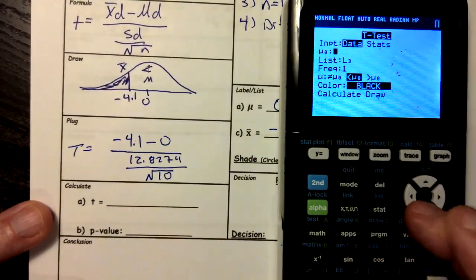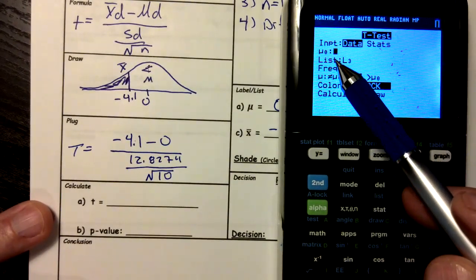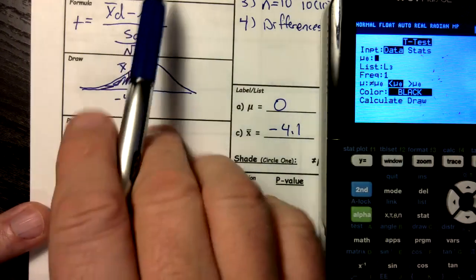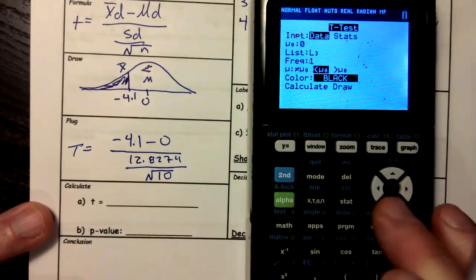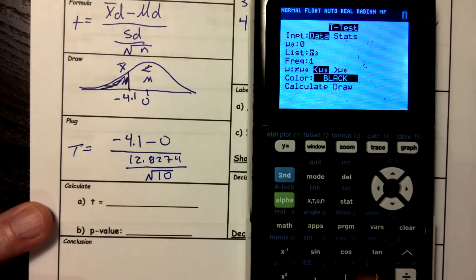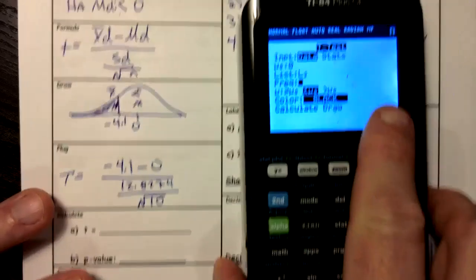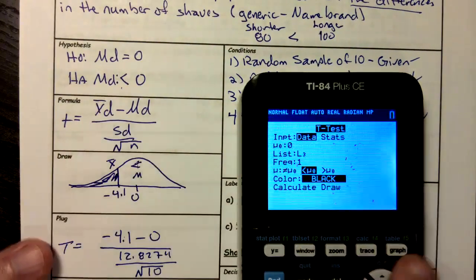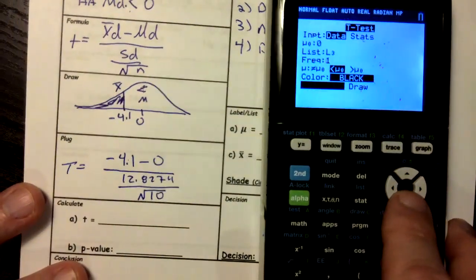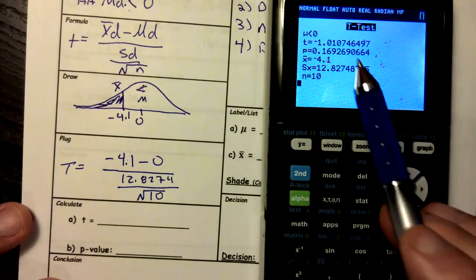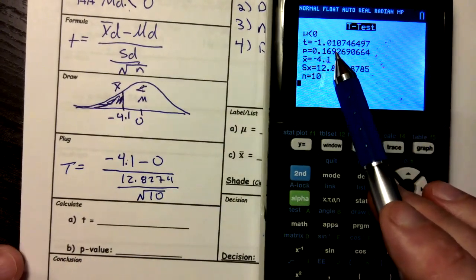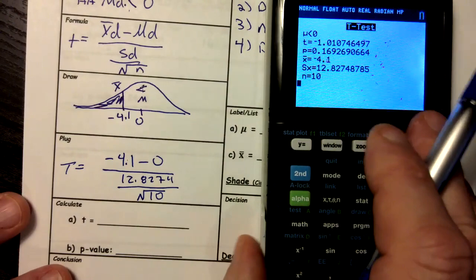I have data. My mean is 0 because we hypothesized that there'd be no difference. My data is in L3, so make sure you place the second followed by the number 3. And my direction was less than. And when I do that, I end up getting a t-statistic of negative 1.01.